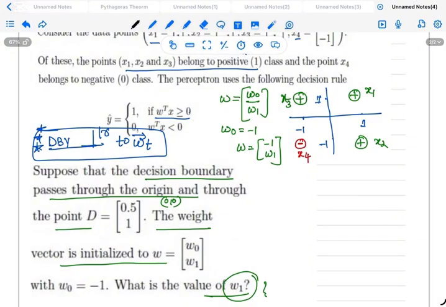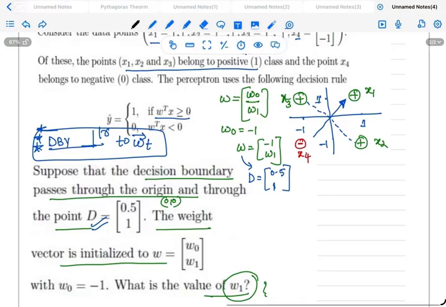If the weight vector is like this, for example, the decision boundary is like this, always perpendicular to the weight vector. In this question they have given that it passes through the point D, so we know the weight vector and one point D equal to (0.5, 1).